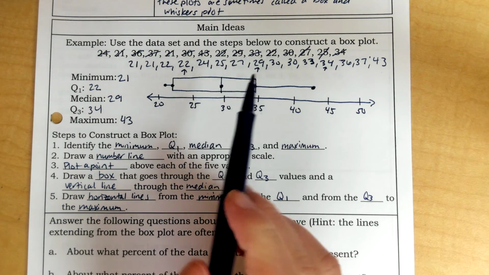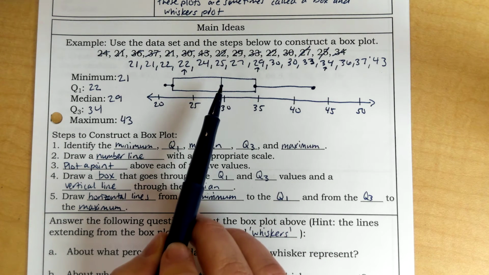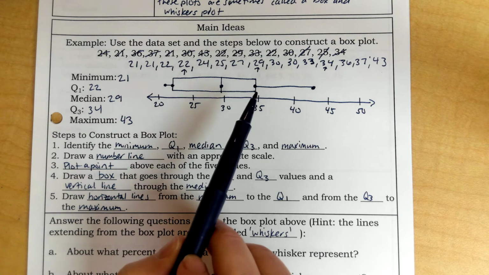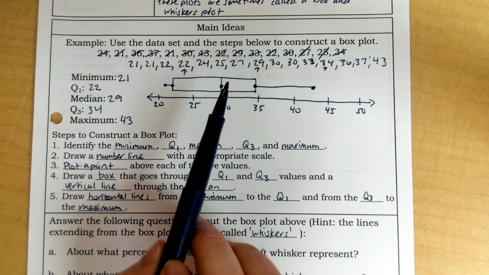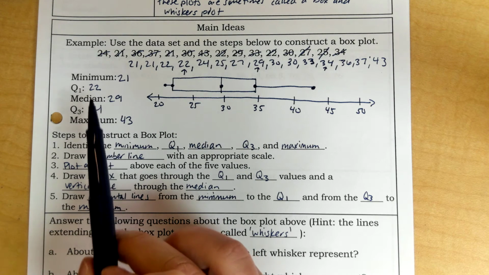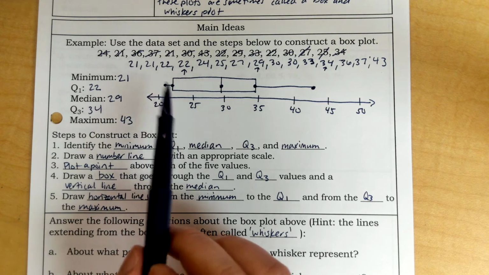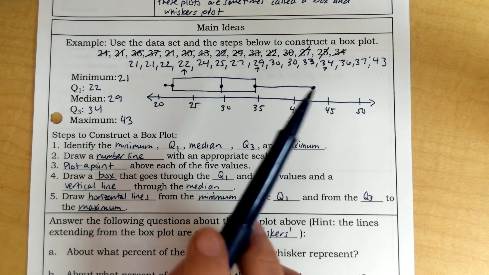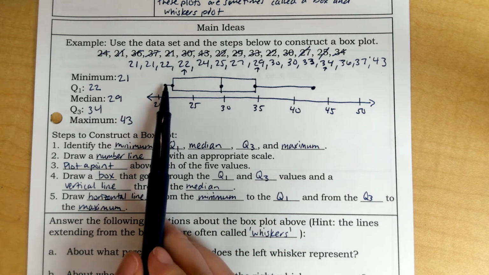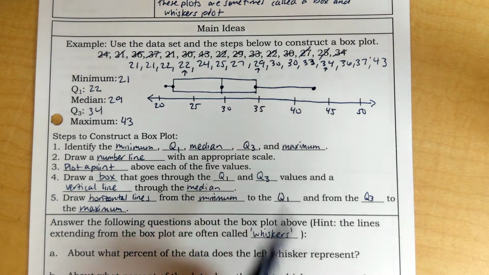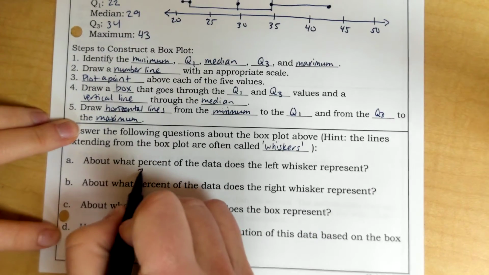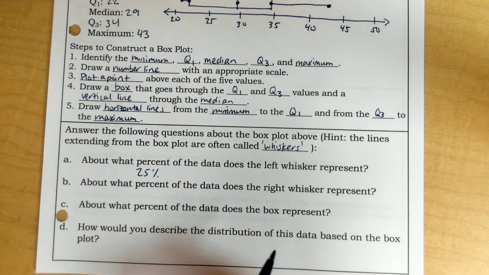So if you remember, we talked about that the median is the middle number, and then the lower quartile and the upper quartile both split those halves in half. And so what happens is when we split into our quartiles, there are 4 equal parts of data. So if I take all the data and I split it into 4 pieces, then each individual piece here is 25% of the data. So the left whisker itself represents 25% of the data.